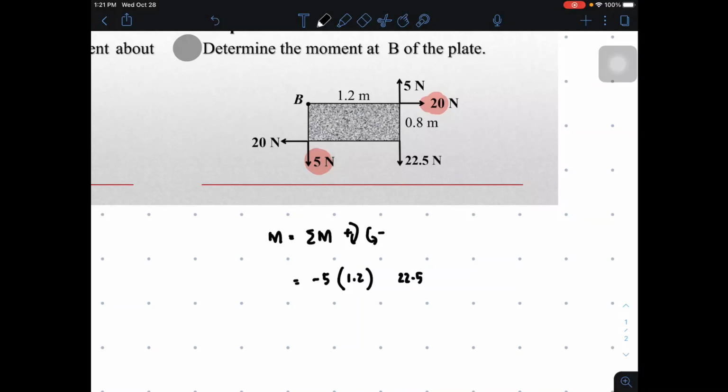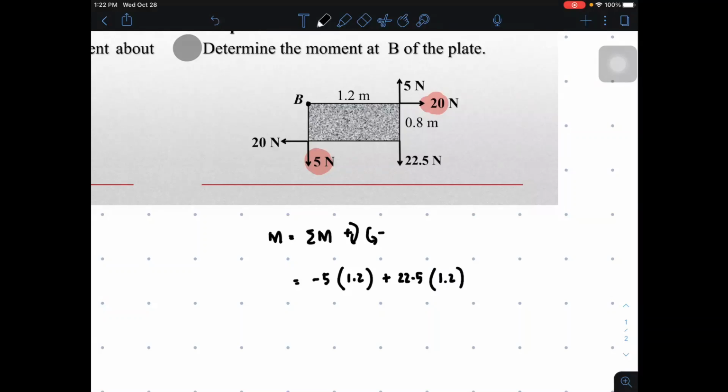The 22.5 will rotate about point B in the clockwise direction. So it's plus, times the moment arm, which is the distance from this force towards the projection line of point B. This is the projection line of point B, and the distance is just equal to 1.2 meters.